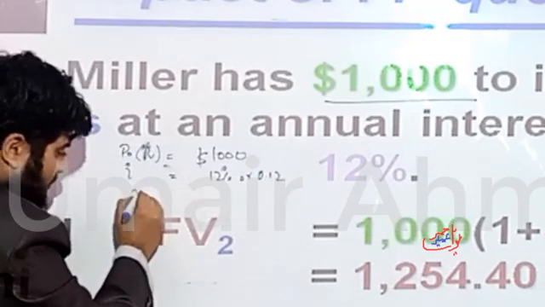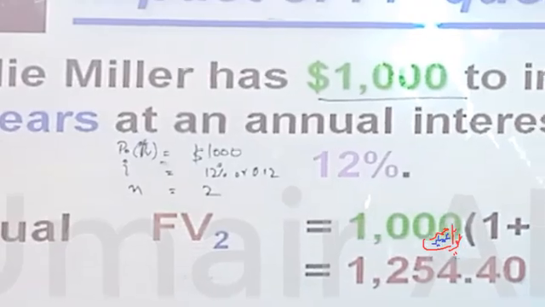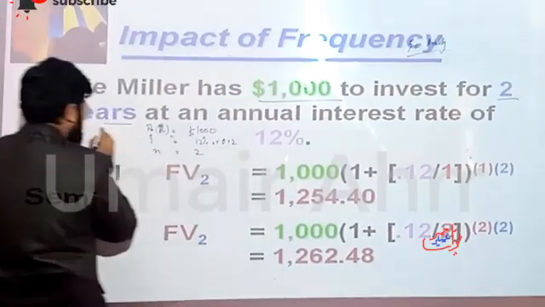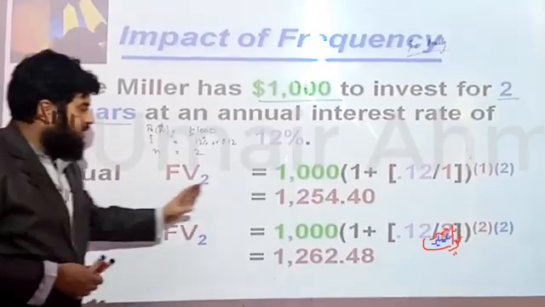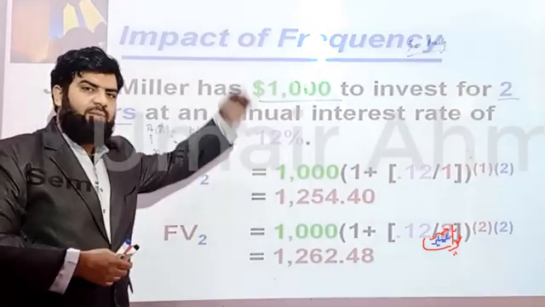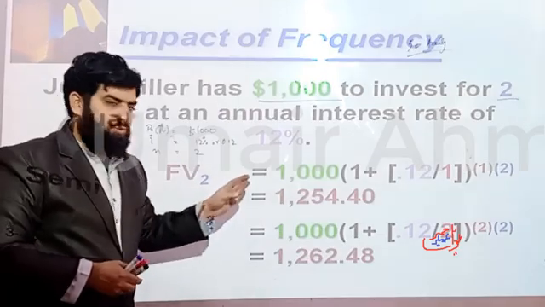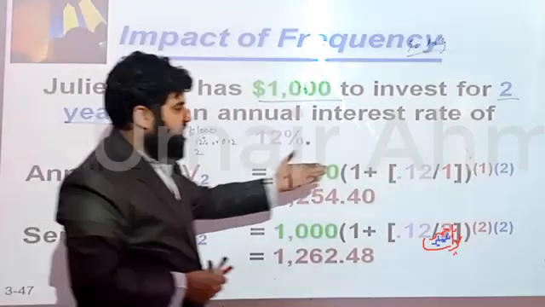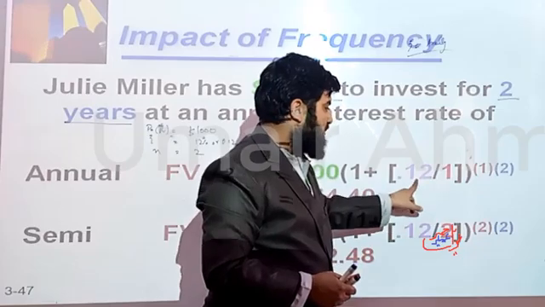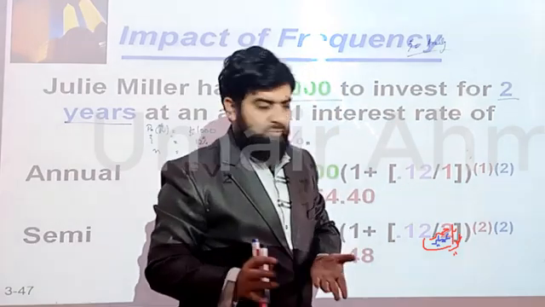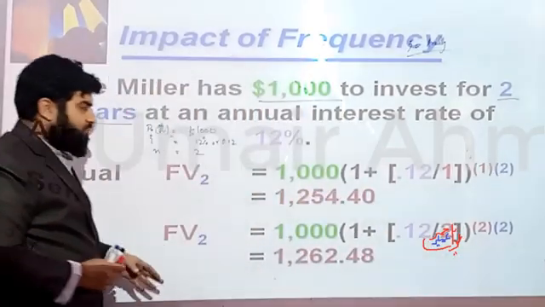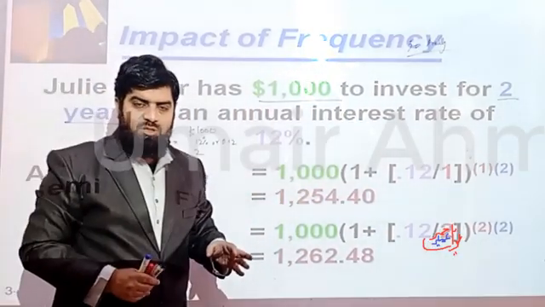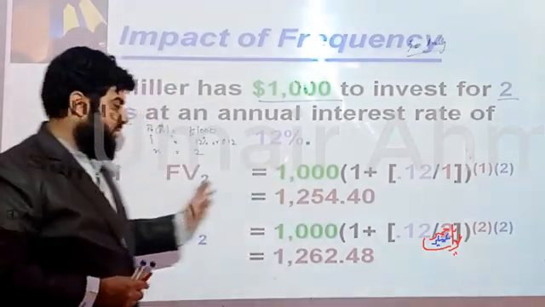Then the number of years is 2, as it is invested for 2 years. If we calculate it annually, you can use the formula we discussed earlier, as well as this formula. If you divide by 1 you get 0.12, and if you multiply by 2 you get 2. So for annual payments, you can use that formula.